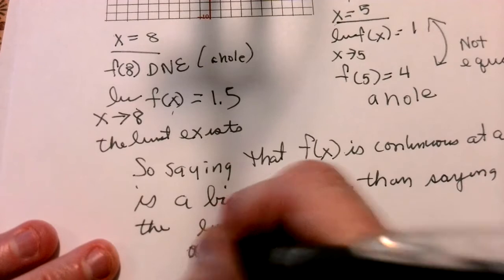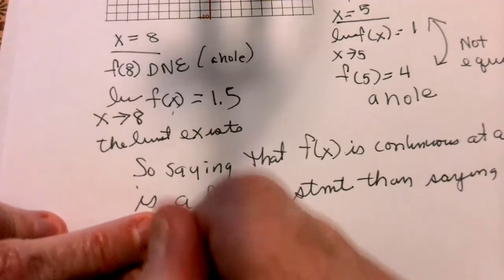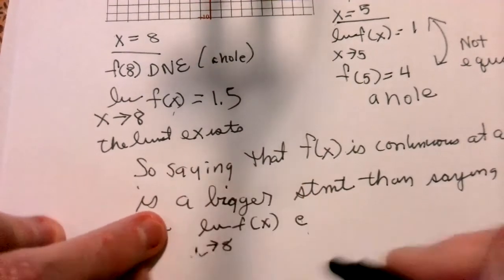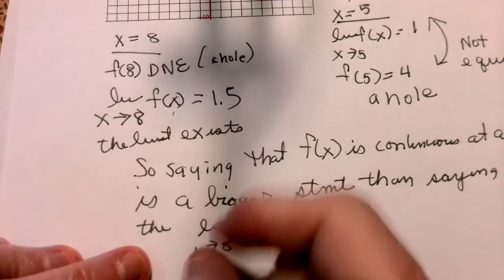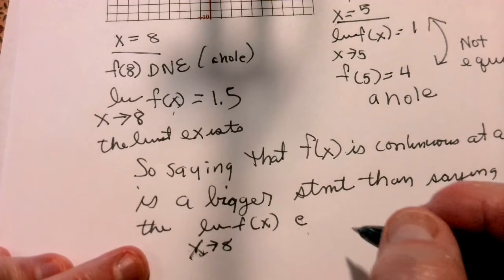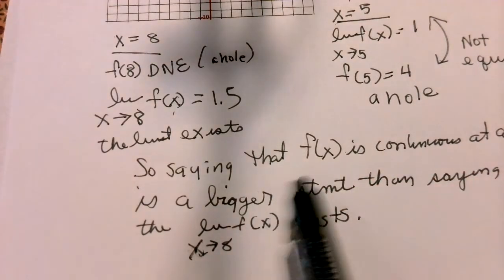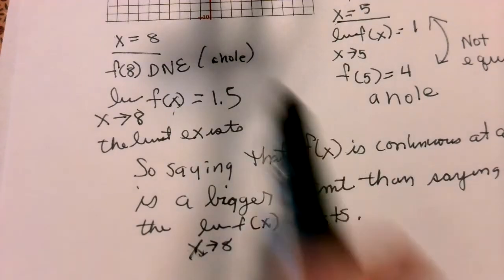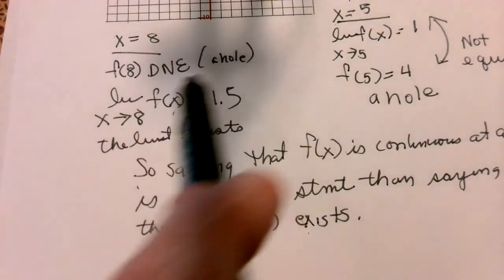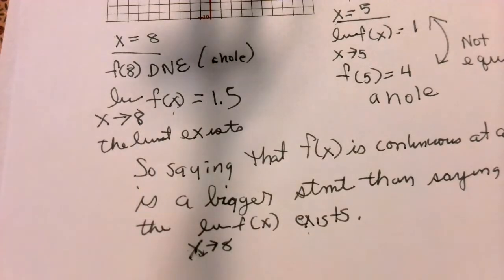Oh, and that should be an x right there, sorry. So because the limit has to exist in order for it to be continuous, but even more than that, the function value has to exist and they have to be the same value. So saying it's continuous is a bigger statement.